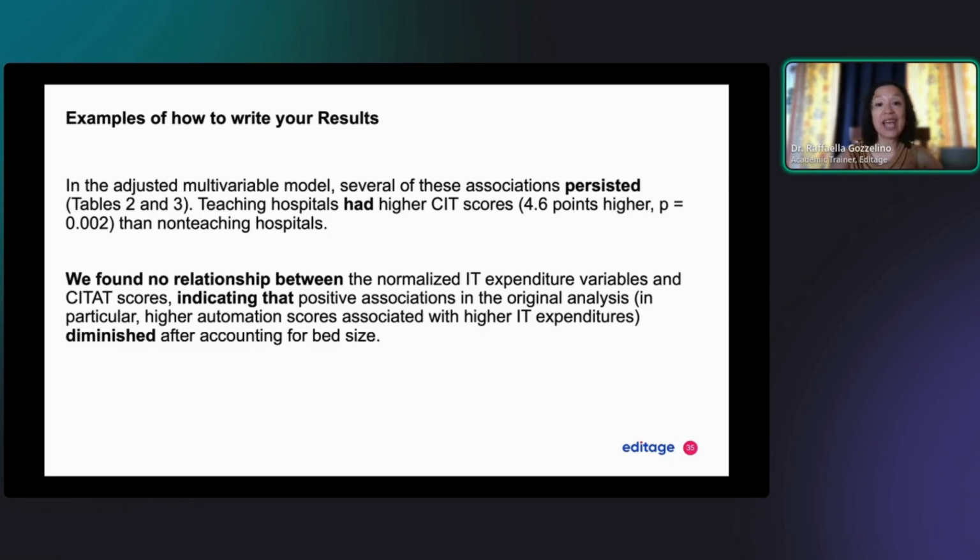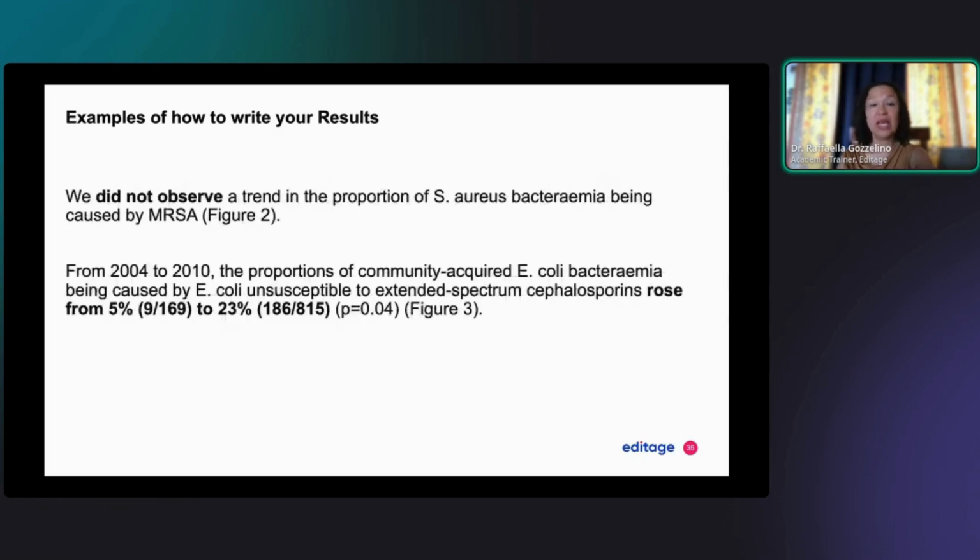Teaching hospitals had higher CIT scores, etc. Or we found no relationship between the normalized IT expenditure, etc., indicating that, and then you put the sentence, diminished after accounting for bed size. So like this, you explain the results that you got. You do not interpret them. Again, another example: we did not observe a trend, etc.